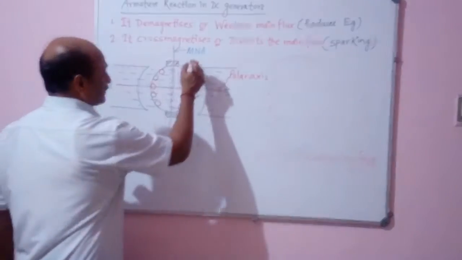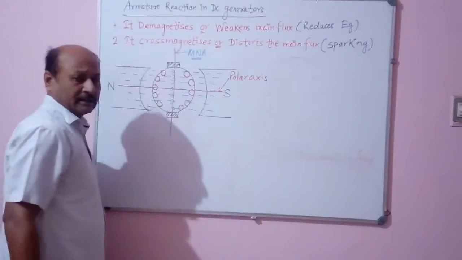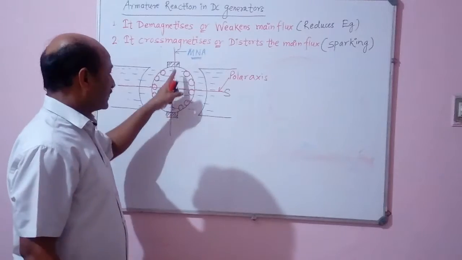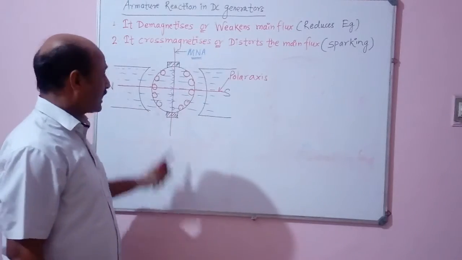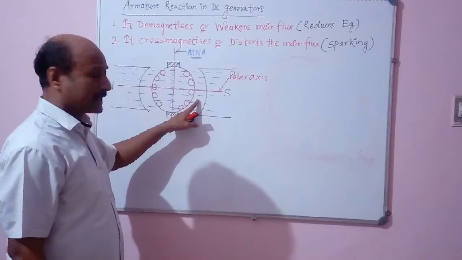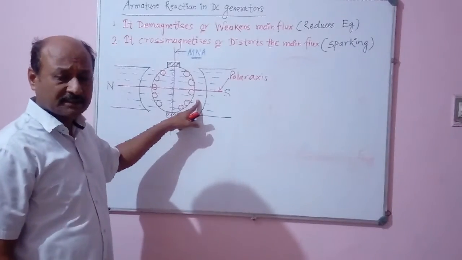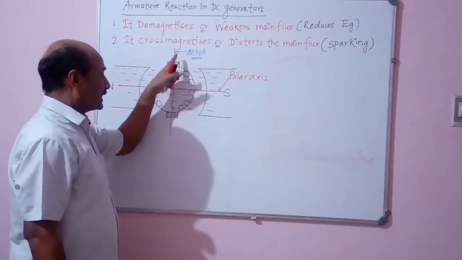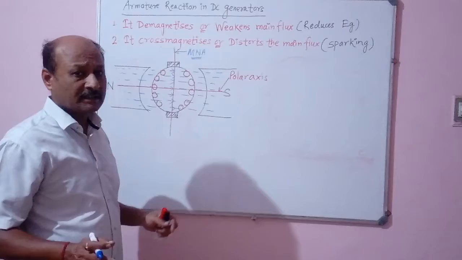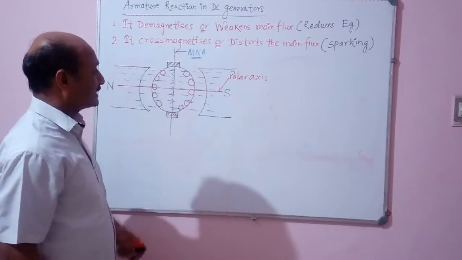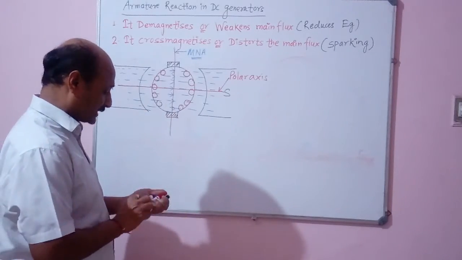The axis where the armature conductors are parallel to the magnetic flux and do not cut the magnetic flux. Due to that, there is no EMF in the generator. That axis is called the magnetic neutral axis.